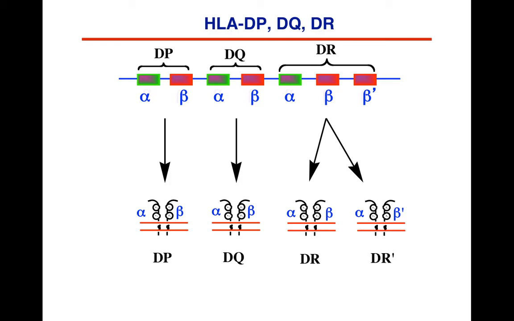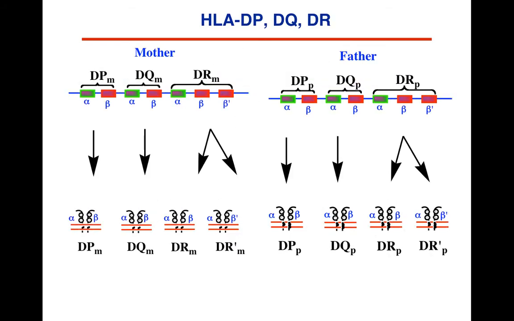You can have different betas, and you can have betas potentially binding with other alphas. It's not entirely strictly forbidden, but there is some promiscuity between the alphas and betas getting together. And this can create even more diversity within the expressing antigen processing cell.